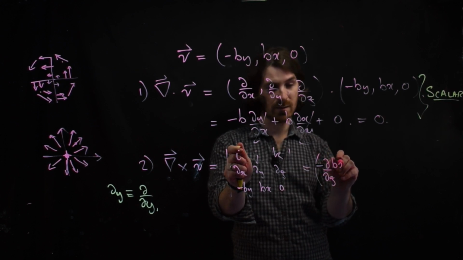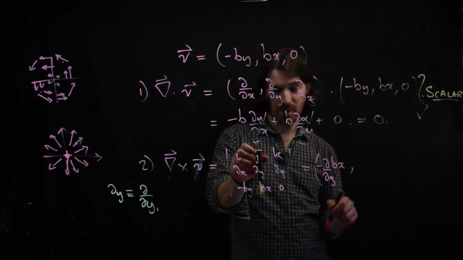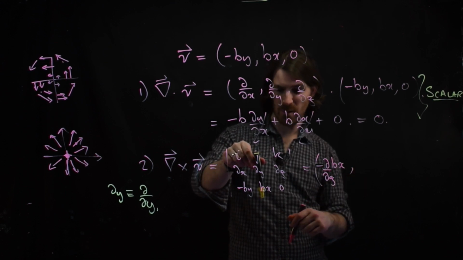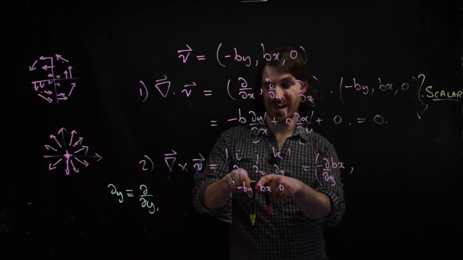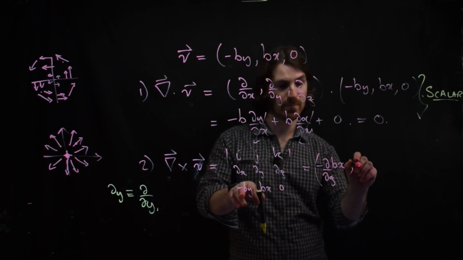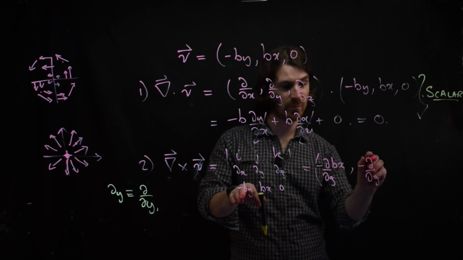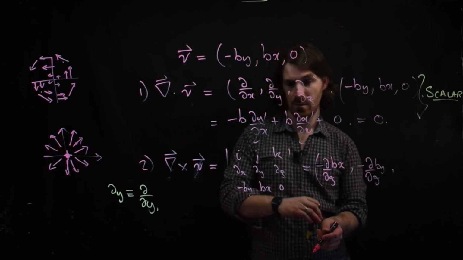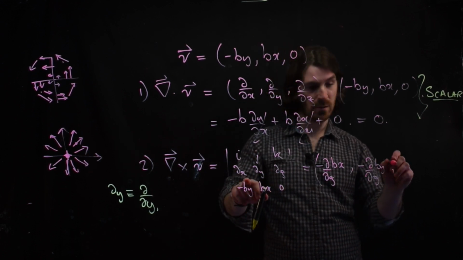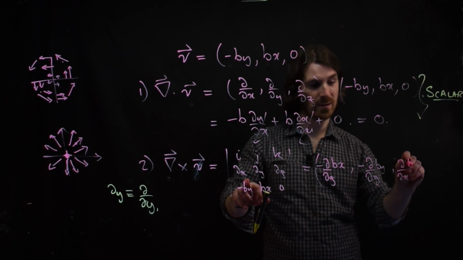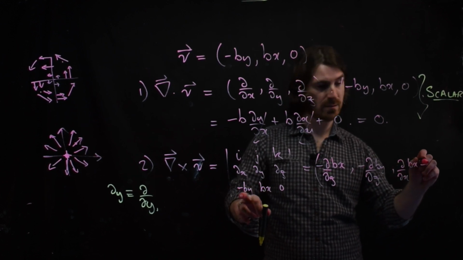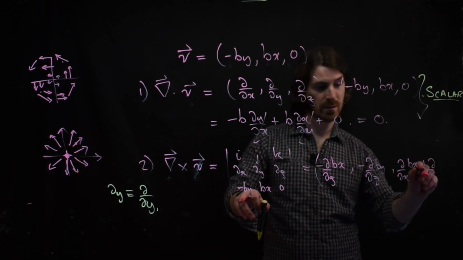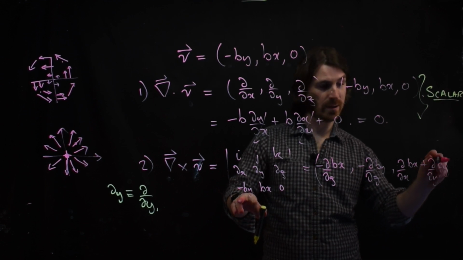Then for the middle component, the j component, we cover the middle column up, and we do d/dz of -by, and then for the last component, we cover this up and we do d/dx of bx minus, and it's a minus minus, so we get a plus, d/dy of by.